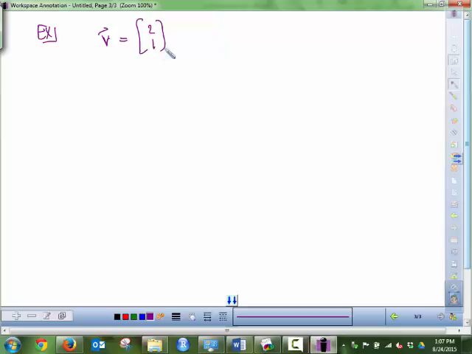Okay? What is the length of this vector? Square root of 2 squared plus 1 squared, which is 4 plus 1, square root of 5. So the length of this vector is square root of 5. If I were to draw this vector, the length of this is square root of 5.